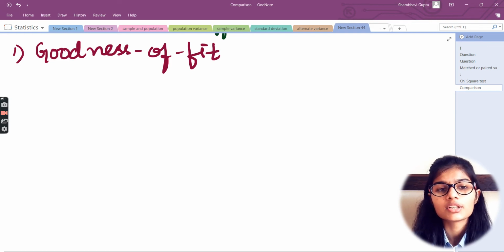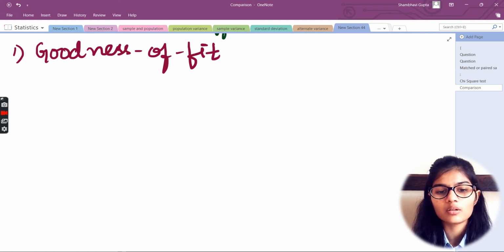In goodness of fit, we simply have a single qualitative survey question, or we have an experiment that has a single outcome from a single population. So whatever things we have depend on the outcome of the experiment.